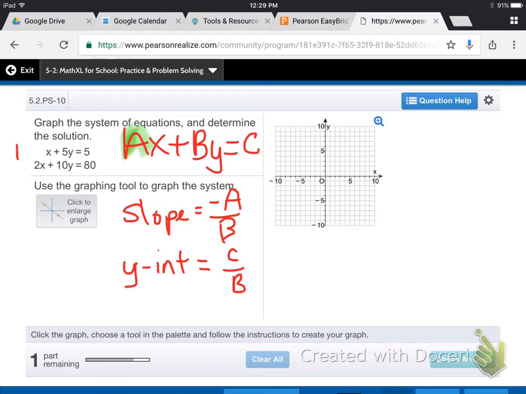So if this is equation 1 and this is equation 2, the slope of equation 1 is negative a over b, where the coefficient of the x term is 1, so negative 1 over b, which is 5, the coefficient in front of y. And the y-intercept of equation 1 is c over b, which is 5 over 5, which is 1.